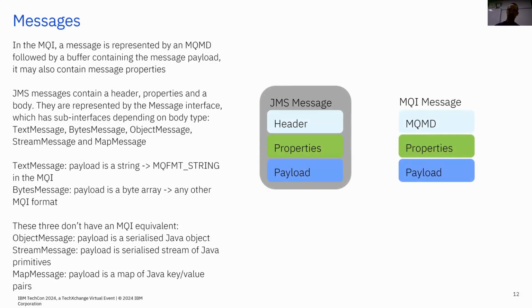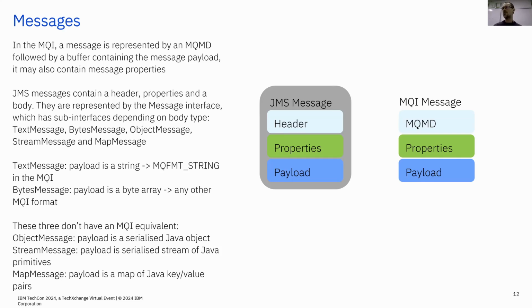So we talked about connecting to MQ, and we talked about accessing objects. What we haven't talked about is the messages, and there's quite a lot of mapping that goes on here. If we look at what an MQI message is, there are basically three parts. There's the message descriptor, an MQI structure which represents the metadata for a message.